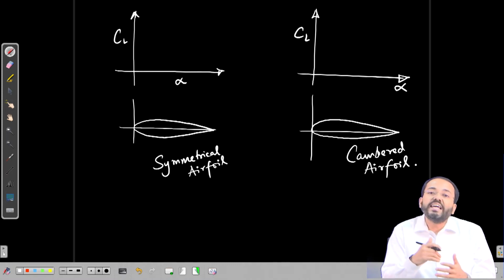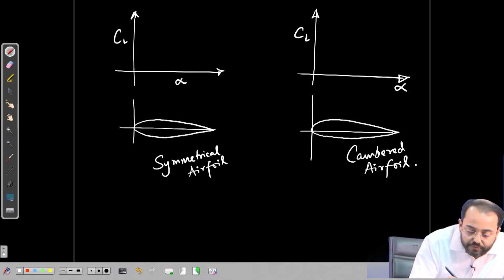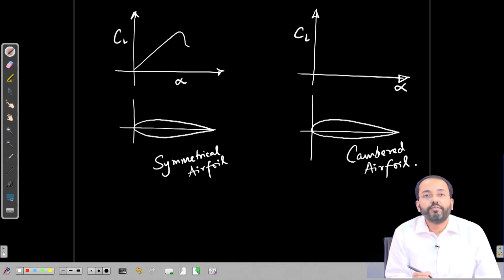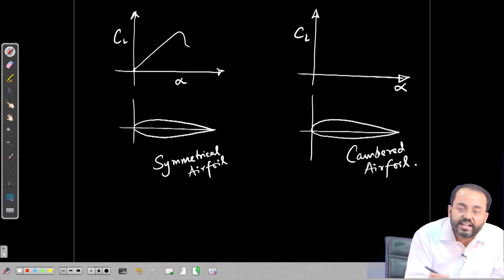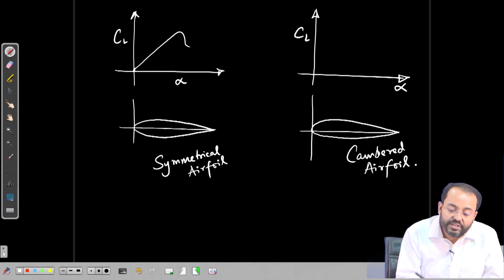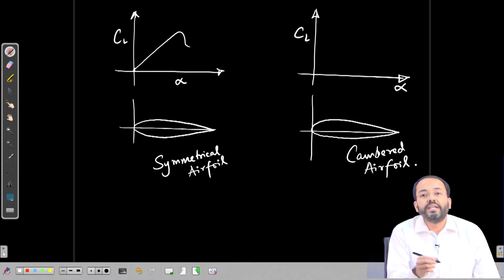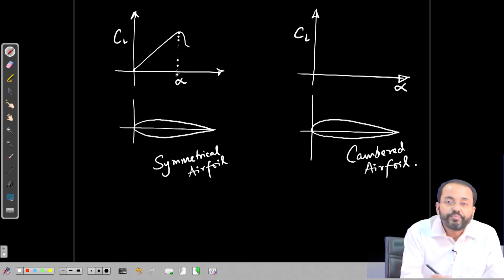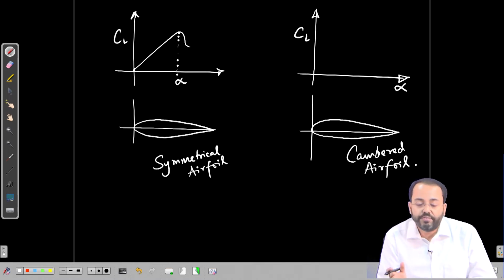In that case a lift will be generated even at 0 angle of attack. So, for a cambered foil the lift coefficient diagram will be somewhat like this, where at 0 lift the angle of attack is negative, and as the angle of attack increases, initially it will be linear and then at a particular value of angle of attack the flow will separate over the foil and the foil will stall and the lift coefficient will drop.